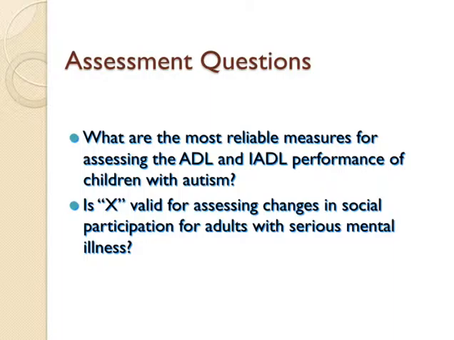Another question could be, is X, meaning just a given measure that you find, valid for assessing changes in social participation for adults with serious mental illness? That question asks, if I want to see that an intervention that I'm using makes a difference and I assess someone, will that measure really measure the social changes that I'm looking for in those people with serious mental illness?